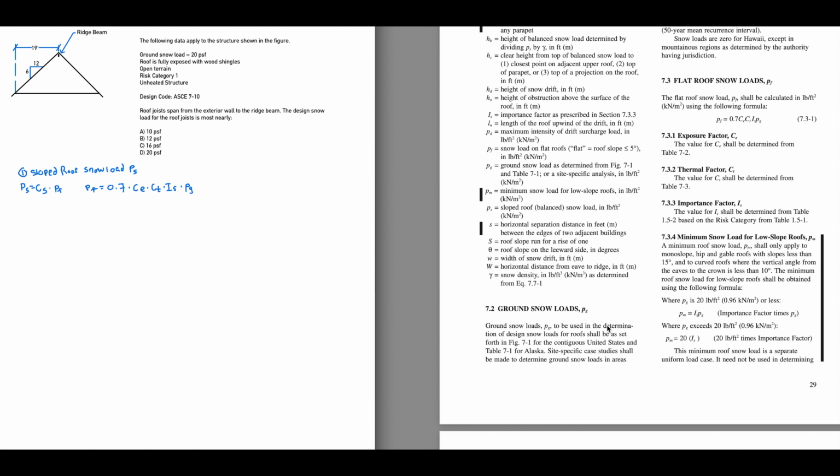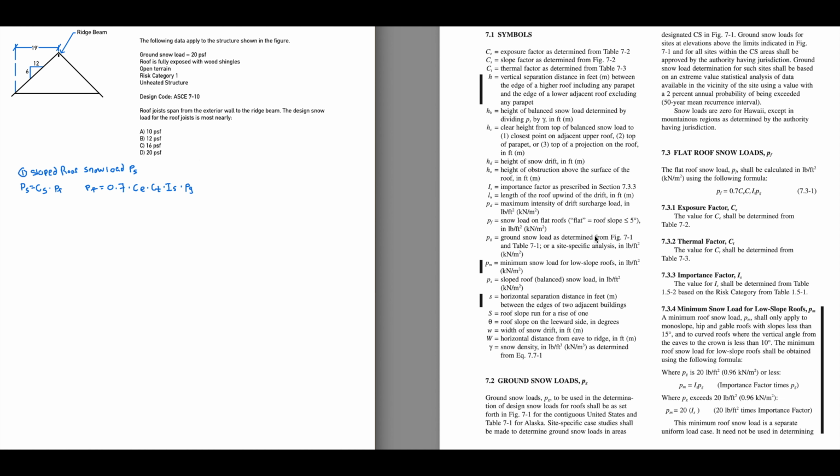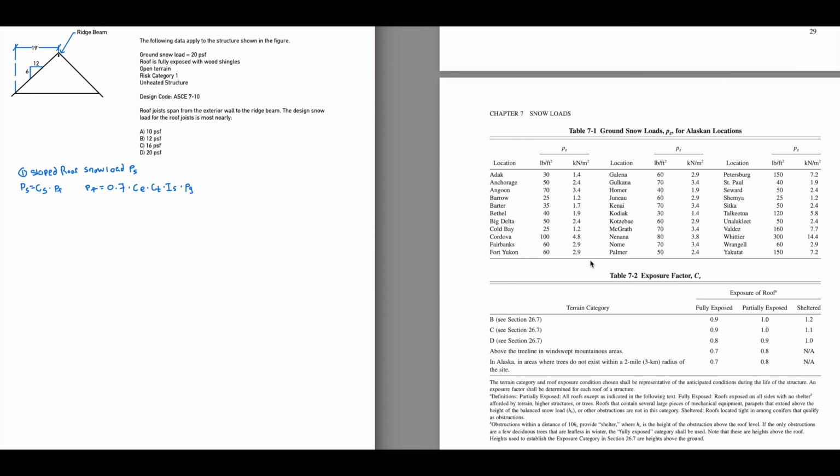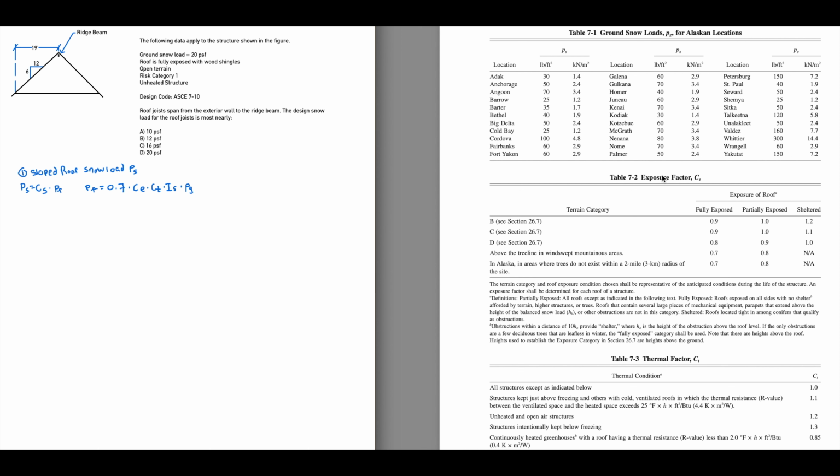So we're going to go to table 7-2 to find CE, the exposure factor. This table tells us that if we want CE, we need to know both the exposure of the roof and the terrain category.